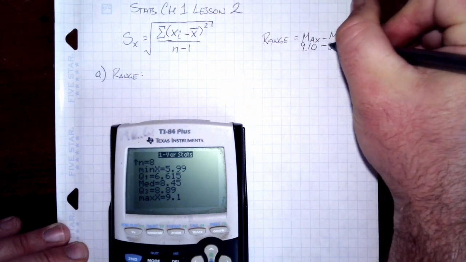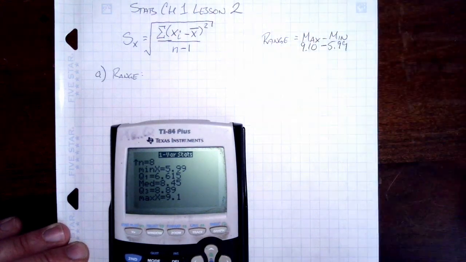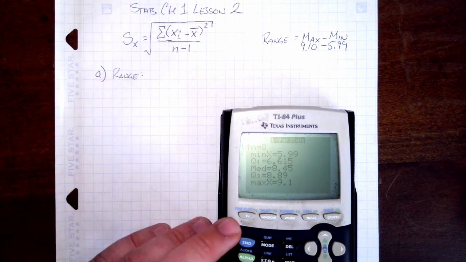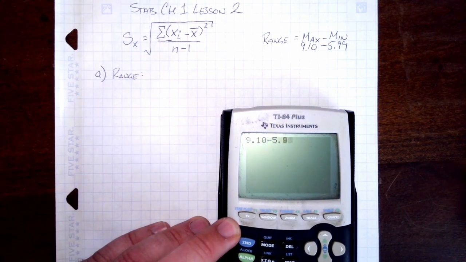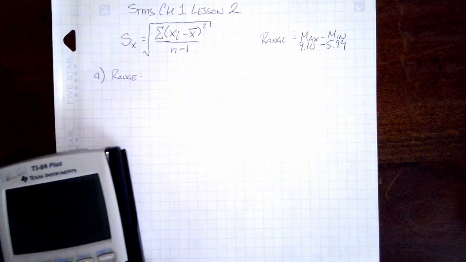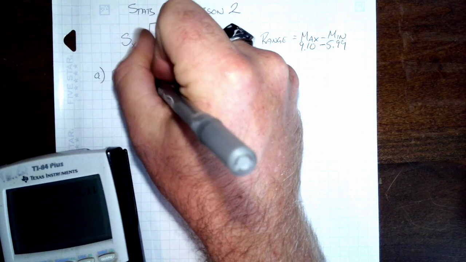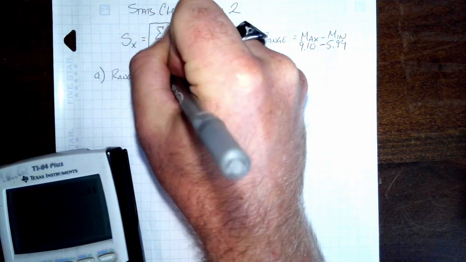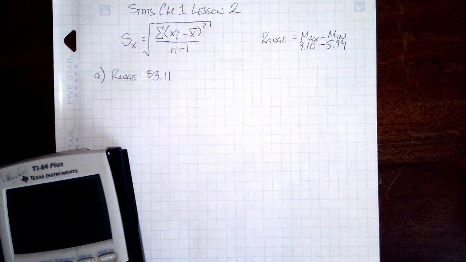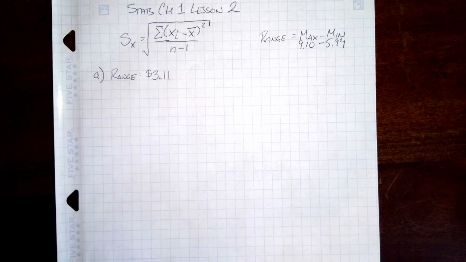Our minimum value was $5.99. So 9.10 minus 5.99 gives us a range of $3.11. So between our biggest value and our smallest value, there's only a range of $3.11.